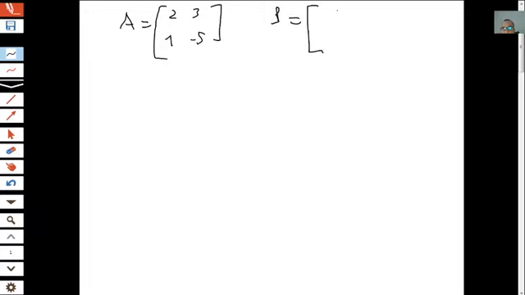We use the same matrices actually. A has the entries 2 3, 1 minus 5, and B has the entries 4 1 3, minus 2, 6 3.